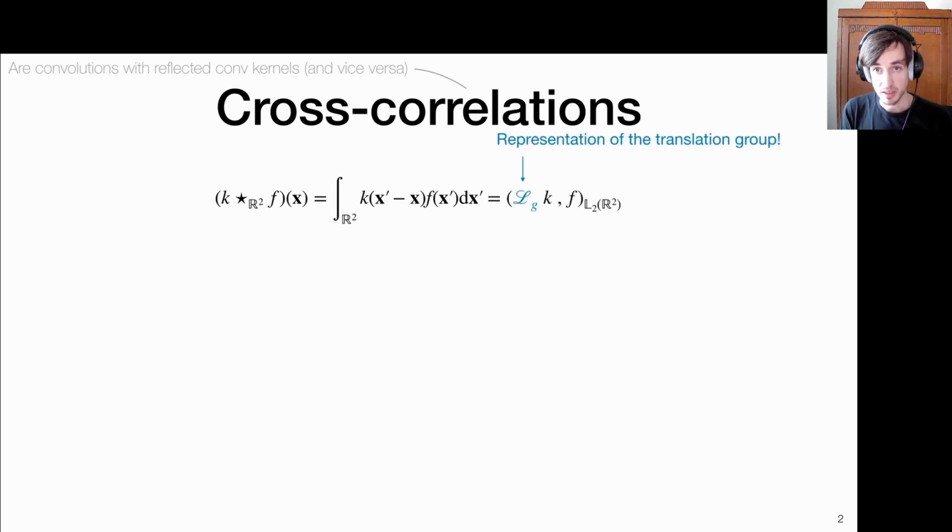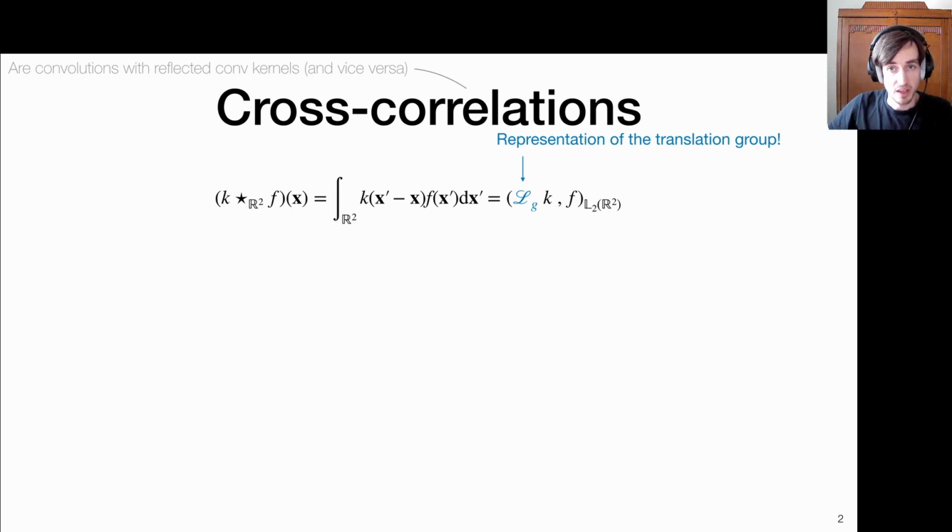So as mentioned, what this represents is really a shift of a convolution kernel or a correlation kernel K by a translation amount. So we can let the representation of the translation group act on the kernel to shift it to a different point in space, and then take the inner product with the function f.